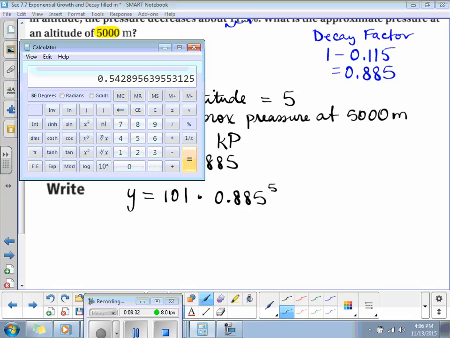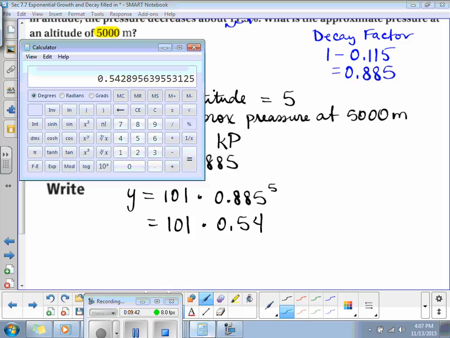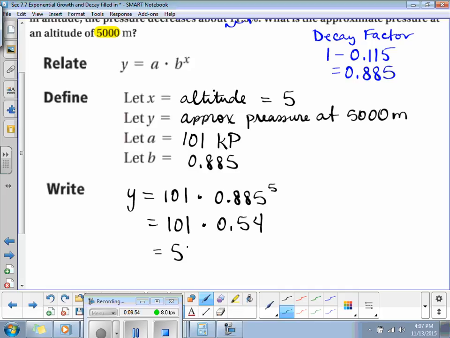So 101 times 0.54, and that equals 54.54. So 54.54 kilopascals.